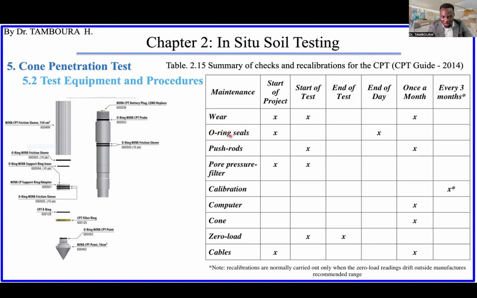These O-rings seal the friction sleeve, the probe, and another O-ring is here again. This one is a CPT X-ring. Another O-ring for the CPT point. So there are many of them.